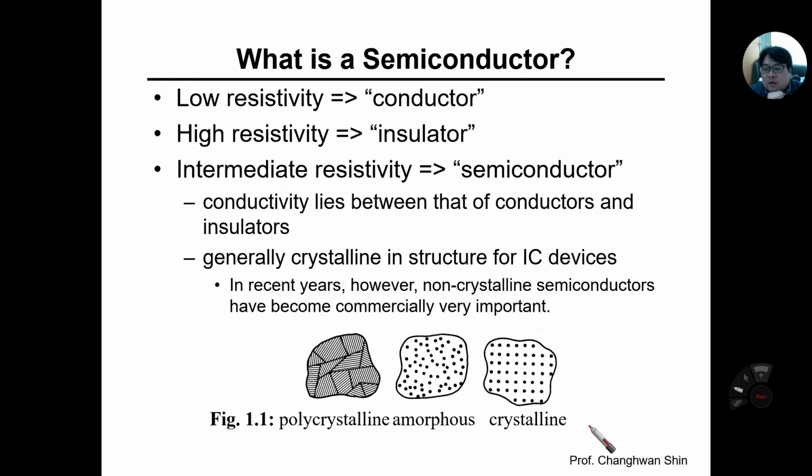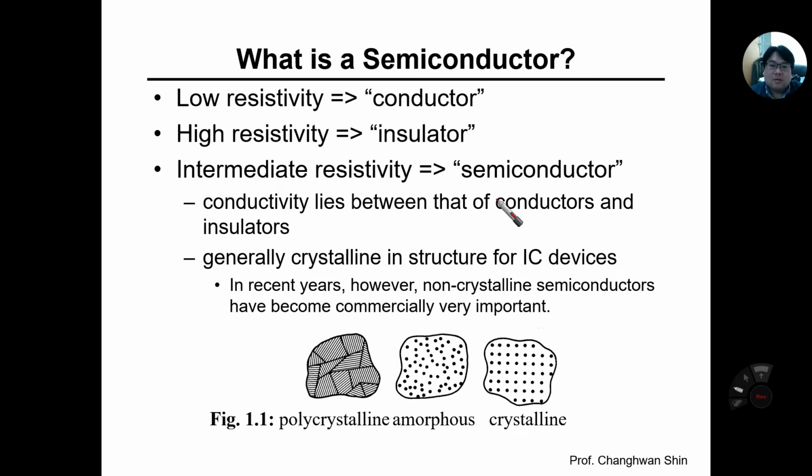So here we have a very simple question. What is a semiconductor? When you were a high school student, you may have answered this question: well, a semiconductor is kind of half conductor and half insulator. Well, in some sense, that answer is quite reasonable.